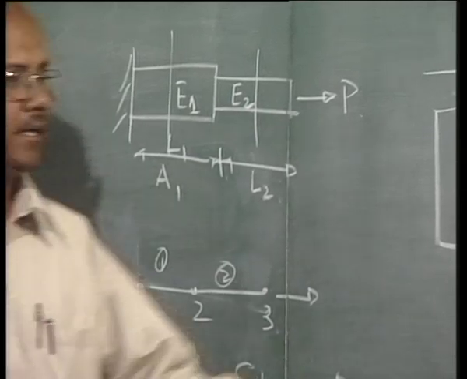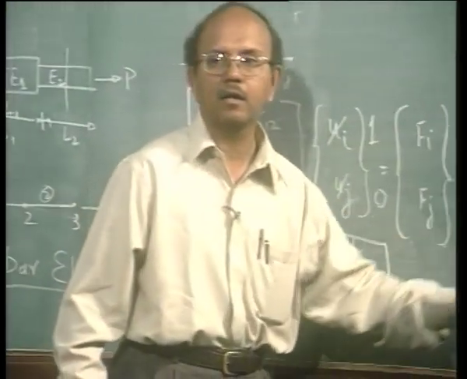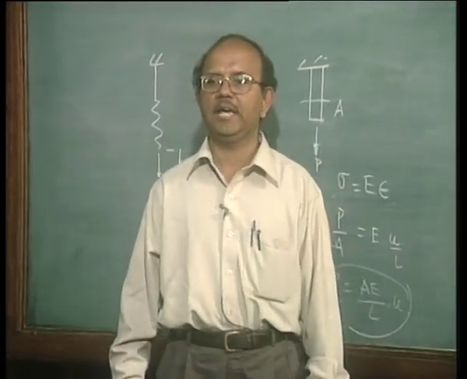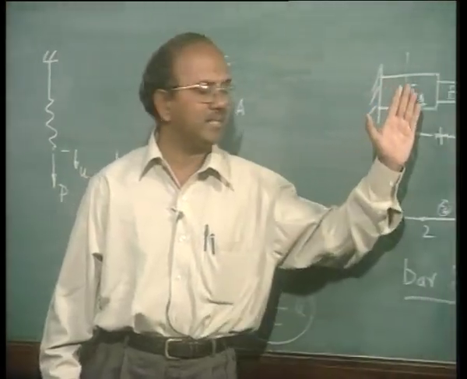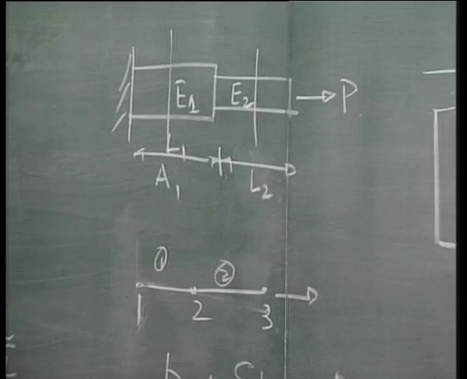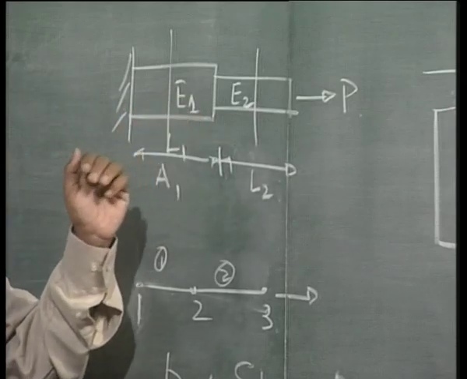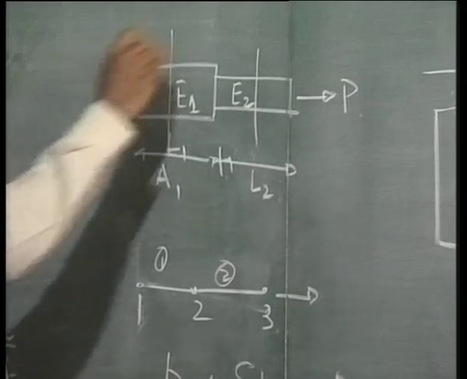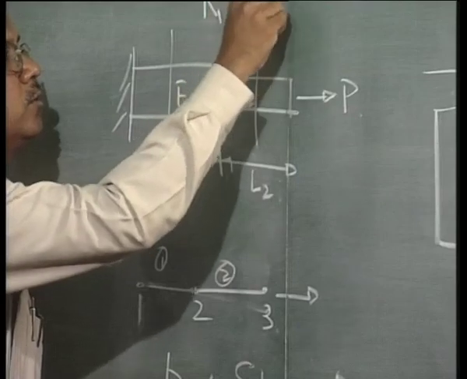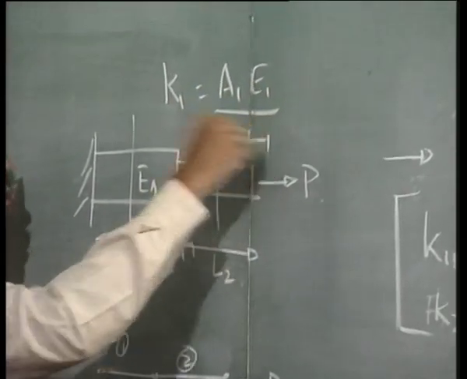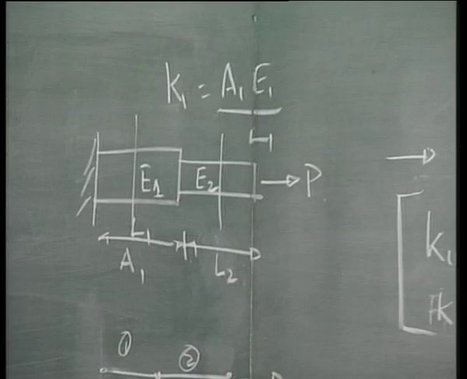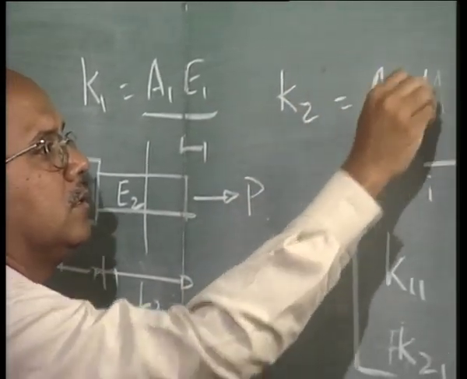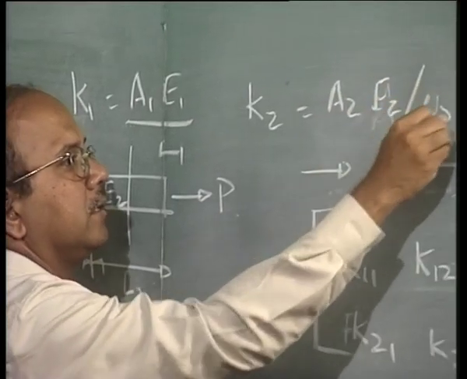Since AE by L comes up as a unit, let me define K1 to be A1 E1 by L1 and K2 to be A2 E2 by L2. K1 is equal to A1 E1 by L1 and K2 to be A2 E2 by L2.